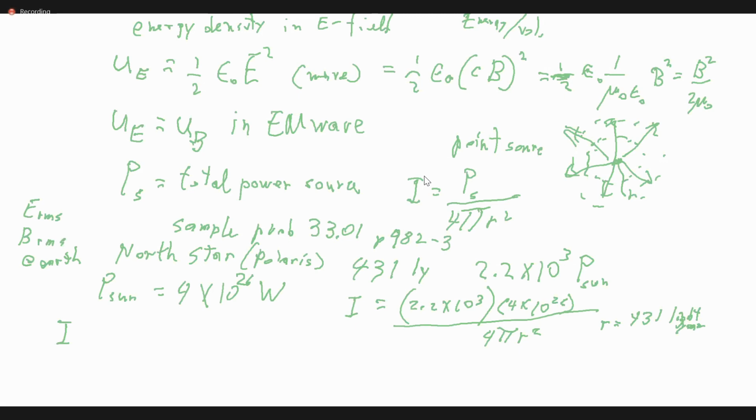So the intensity is ERMS squared, as we had last time, divided by C mu 0. Then we can flip that around and solve for ERMS. So ERMS would be equal to the power of the star Polaris, times C mu 0 over 4 pi r squared, all to the 1/2.